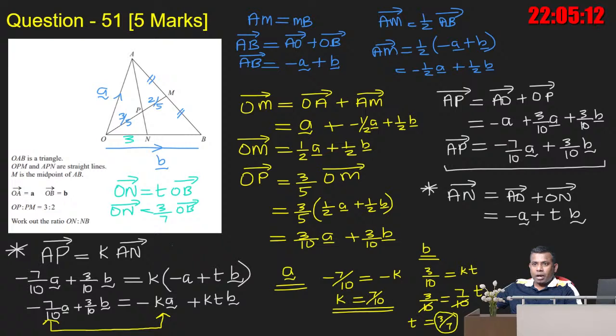So this is 3 parts and this is 4 parts, then 3 plus 4 is 7 parts. So finally concluding, I'm just going to put a star mark here. ON is to NB equal to 3 is to 4. So that is the answer for question number 51.